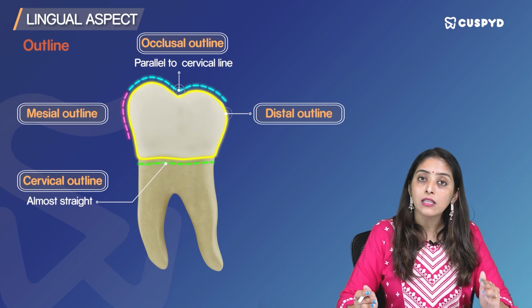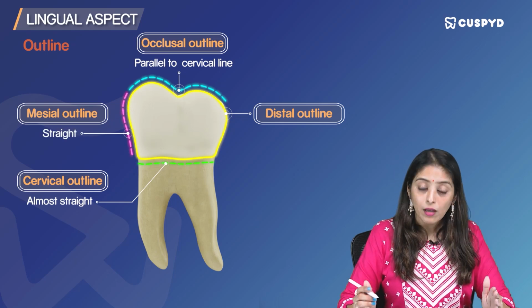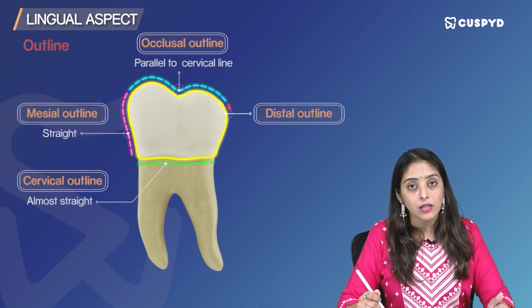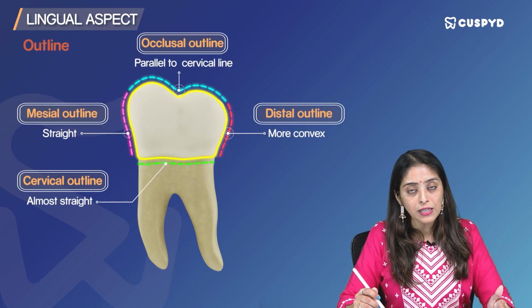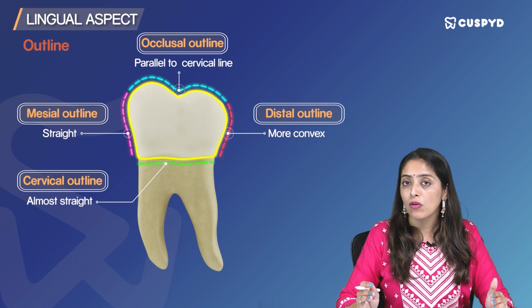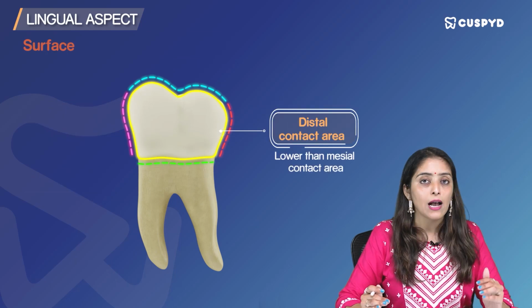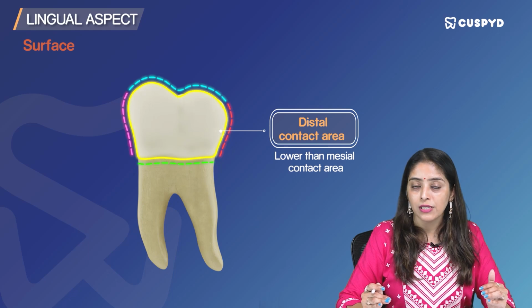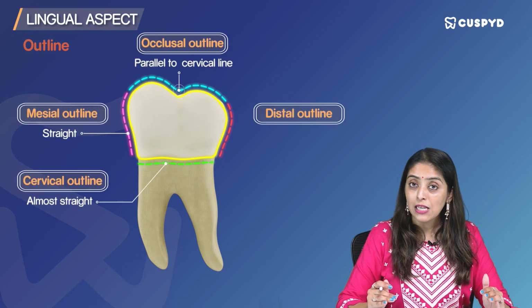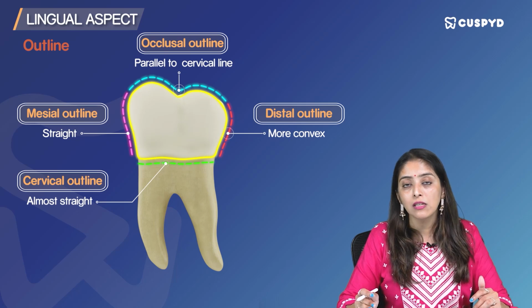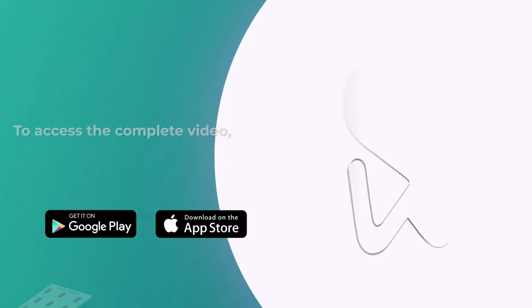The mesial outline is relatively straighter and the mesial contact area is slightly higher than the distal. The distal outline is more convex, converging towards the occlusal surface, and the distal contact area is slightly lower as compared to the mesial contact area. From this aspect, you can see that the crown is tilting more towards the distal from the mesial.